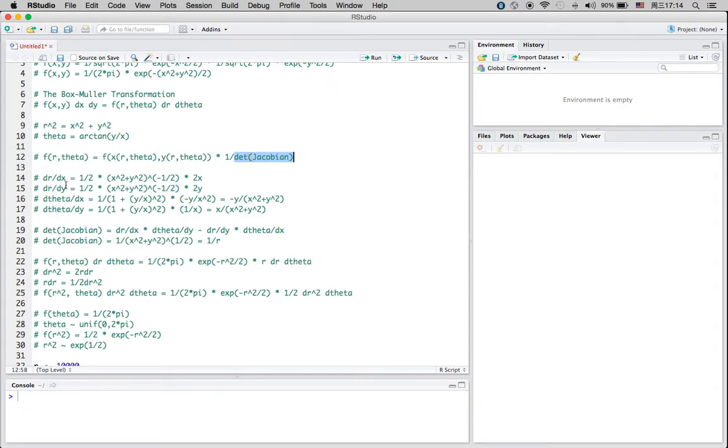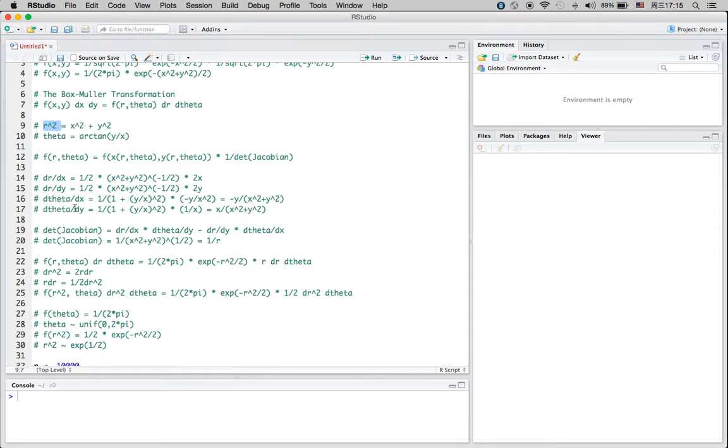That is your first row, and then your second row has your second new variable, which is theta. So the third entry in this matrix is d theta dx, and then your last entry is d theta dy. So you have this 2 by 2 matrix, and basically you are just taking your new variables and taking the derivative with respect to your old variables.